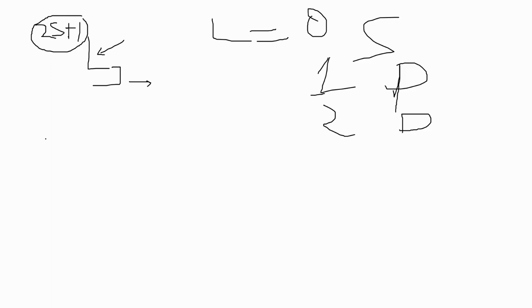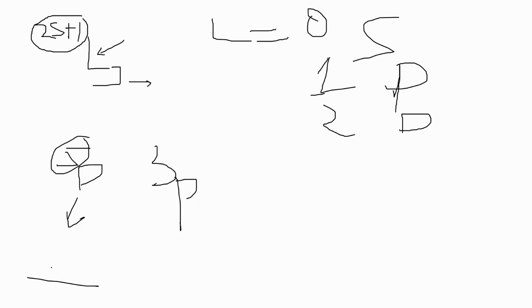The first property is that the level which has the highest multiplicity will lie lowest. Suppose there is 5P and there is 3P. Since 5 is greater than 3, it will lie lowest, and then there will be 3P.